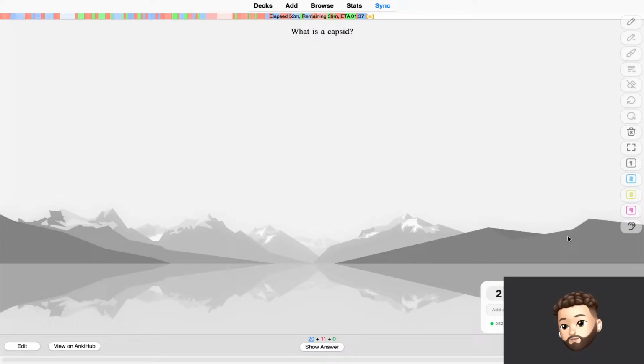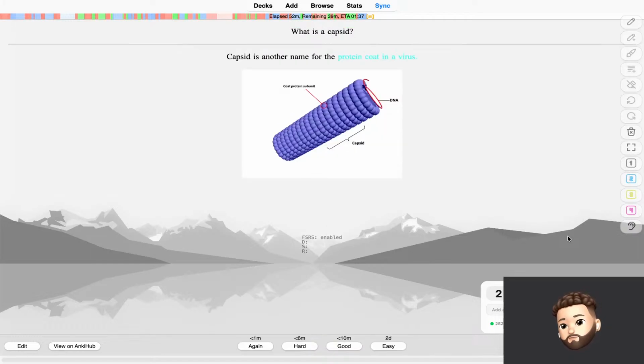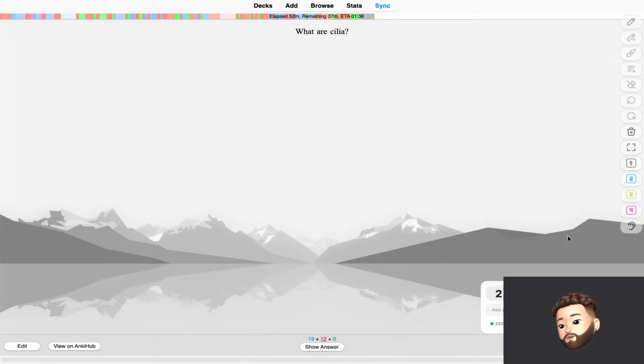What is a capsid? It's the protein structure around the virus, the protein coat in the virus. Yes. What are cilia? It's a structure involved in movement of, I don't know, like materials on the surface of the cell.